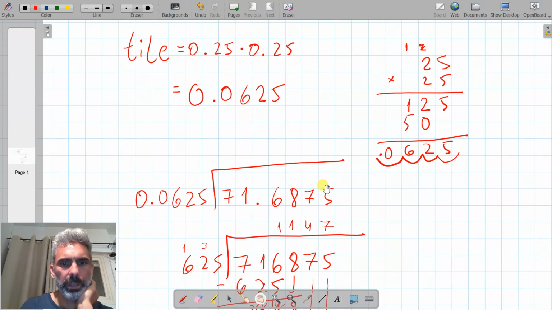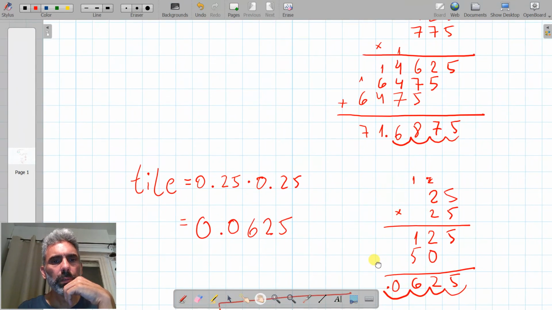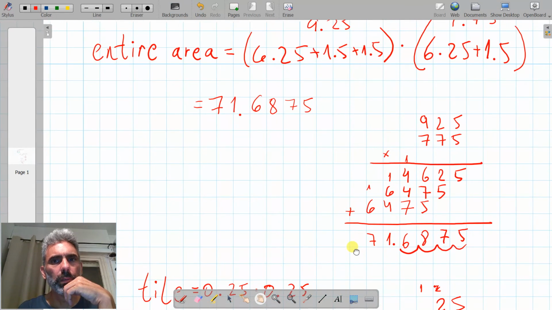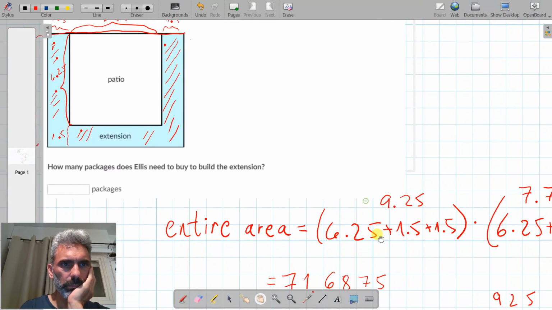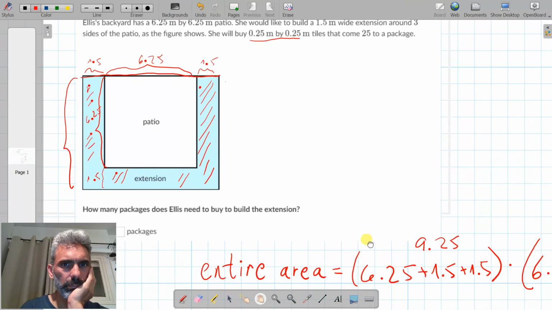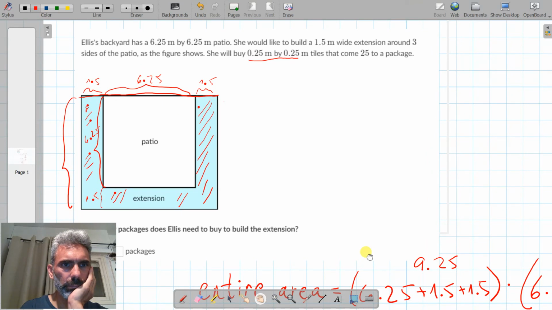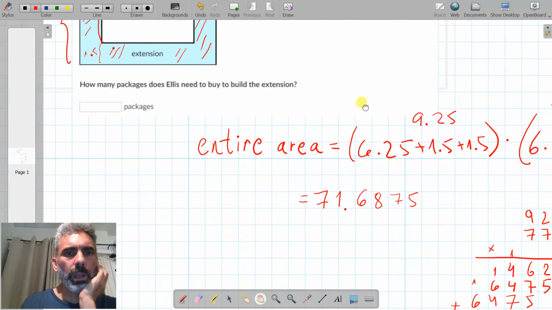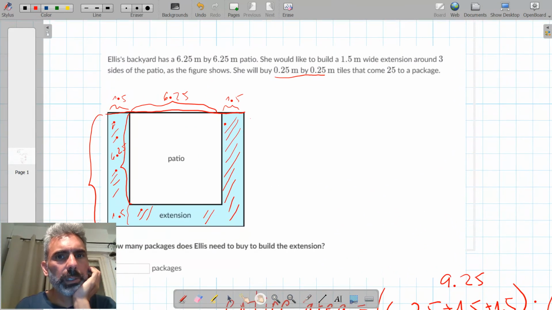So this was the entire area. But I don't need to tile the entire area. I need to tile just the extension.